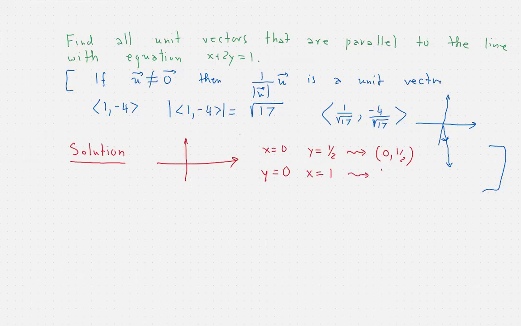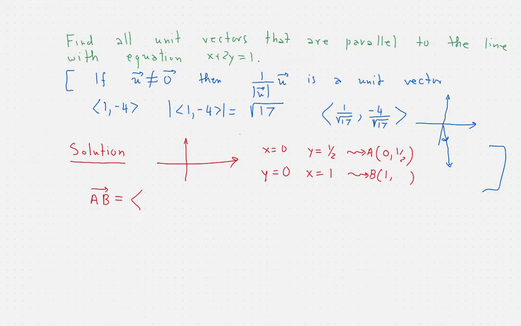Okay, so if we call this point A, and we call this point B, then we have the vector AB, which is going to have coordinates. Let's recall that in order to find the coordinates of a vector, we subtract the coordinates of the point of origin from the coordinates of the terminal point.